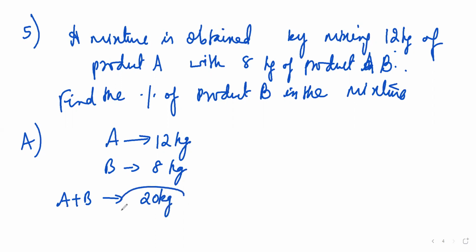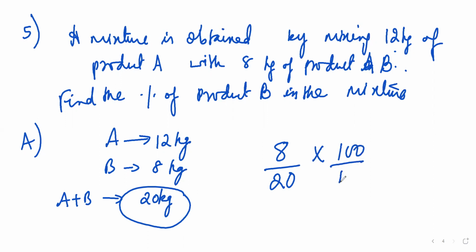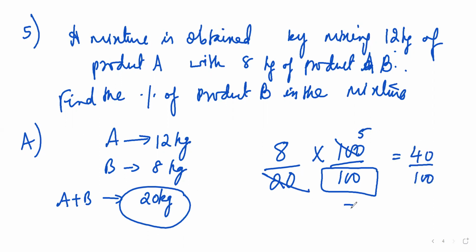In this 20 kgs, what is the proportion of B? It is 8 kgs, isn't it? So the quantity of B will be 8. If you want to convert B into a percentage, that's what we want, isn't it? Find the percentage. 8 by 20 into 100 upon 100. I told you, don't touch the denominator 100. 2 1s are 2, 2 5s are 10, 8 5s are 40 over 100, which is 40%.